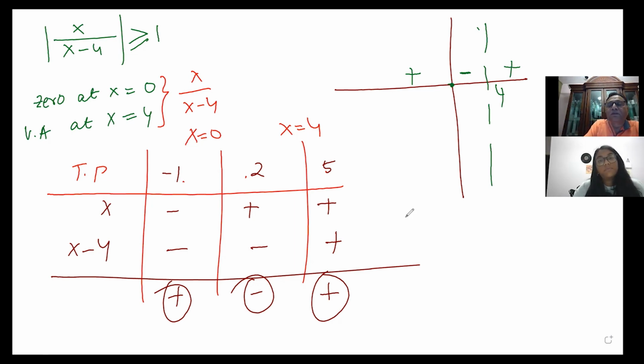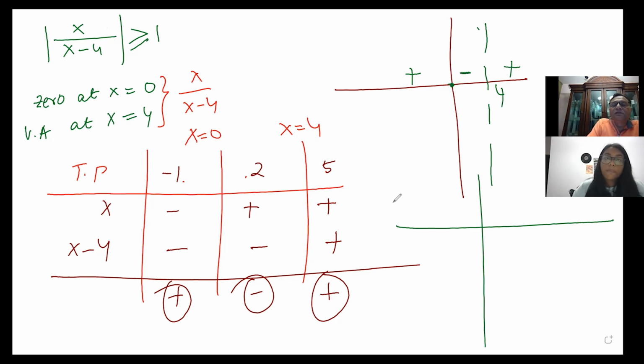So that means we need to solve this inequality for the values. This absolute function can now be defined. When it is negative, it will be negative of this, right? So when x is greater than or equal to 0, but less than or equal to 4, it is negative, right?